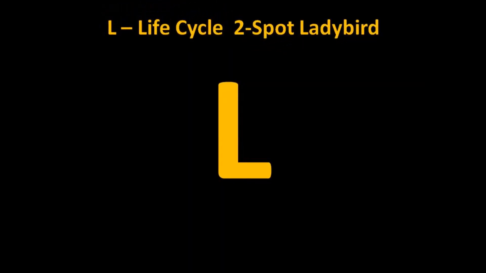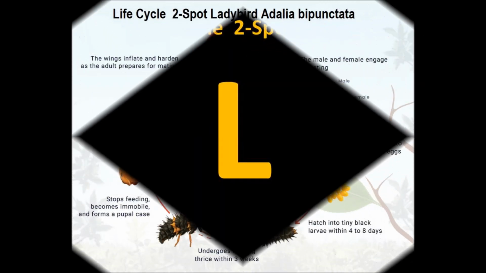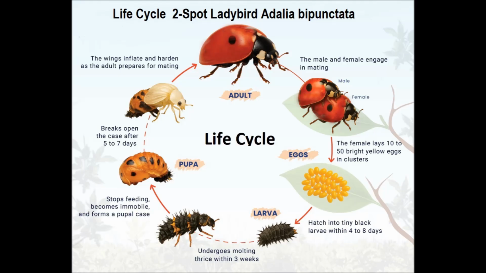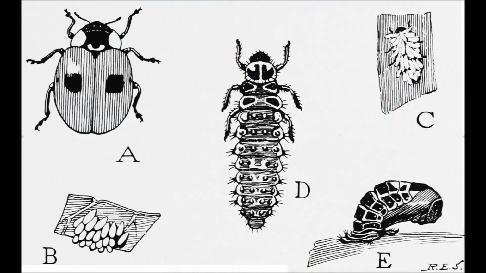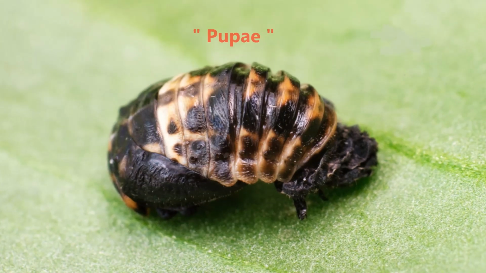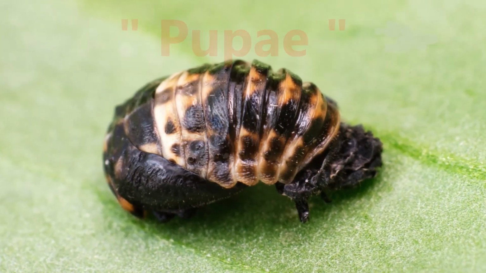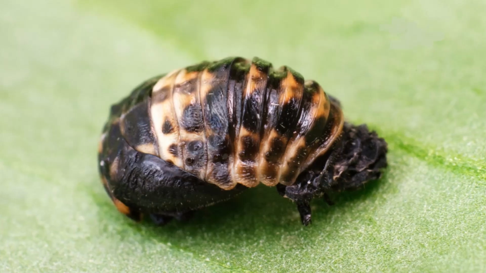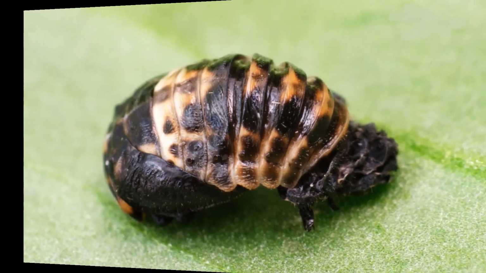Ladybirds exhibit the typical insect life cycle of egg, larva, pupa and adult, often undergoing a series of molts in the larval stage before it becomes an immobile pupa from which the adult will emerge. It of course does not feed whilst in the pupal stage.